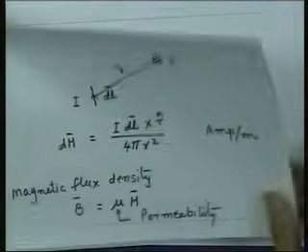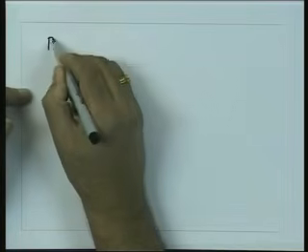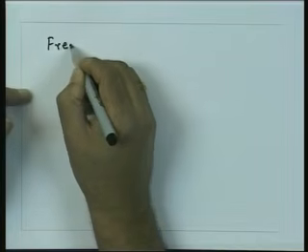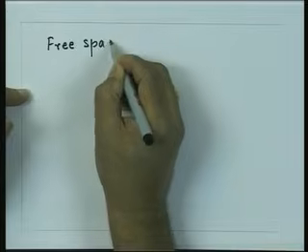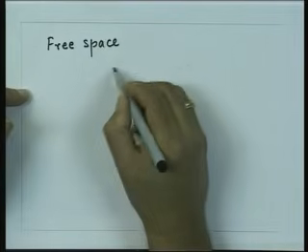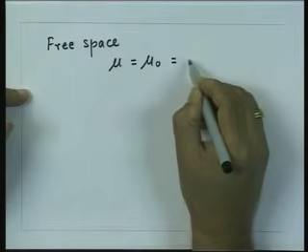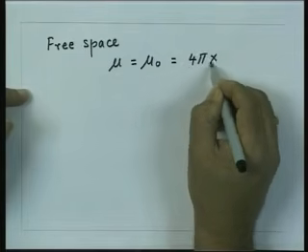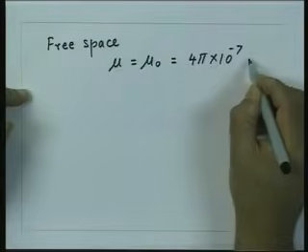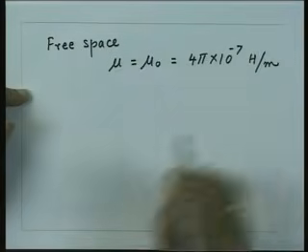Depending upon the magnetic properties of the material, the value of the permeability changes. For free space, the permeability is denoted by mu 0 and its value is 4 pi into 10 to the power minus 7 Henries per meter.